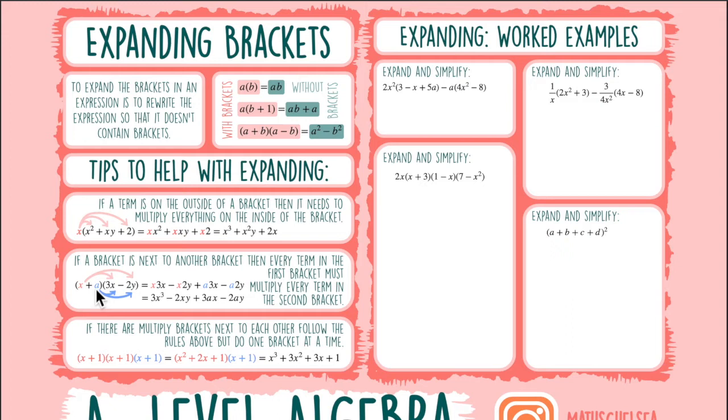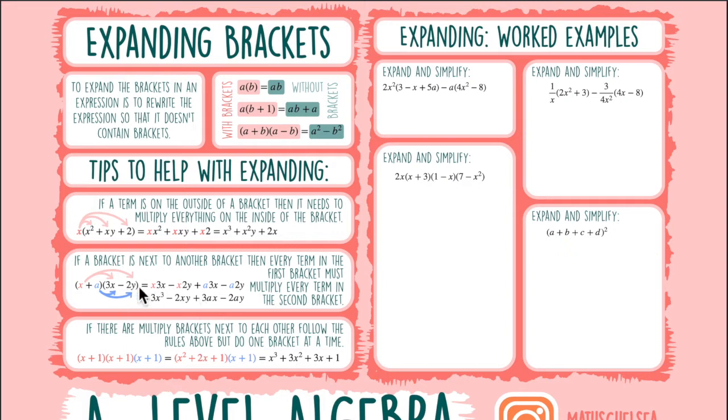We also have an a in this bracket, so a must multiply 3x, so we get this, and a must multiply minus 2y, so we get this. By doing this, everything in here has multiplied everything in here. And we get this, which then rewrites or simplifies to this expression here. This expression is equal to this one, but this one has brackets, this one doesn't. This is the expanded bracket version of this.